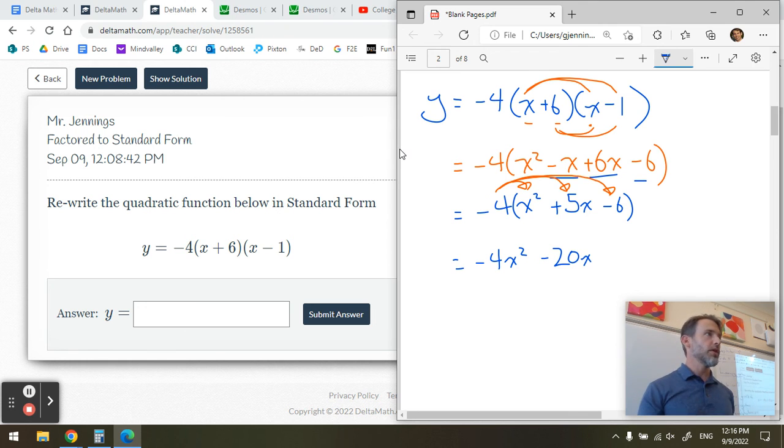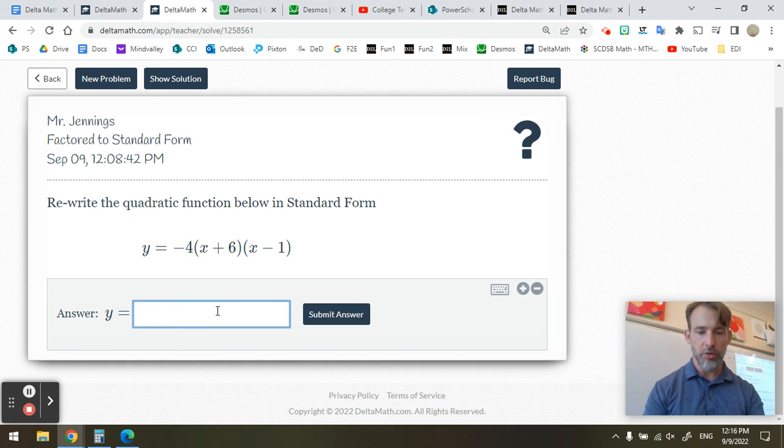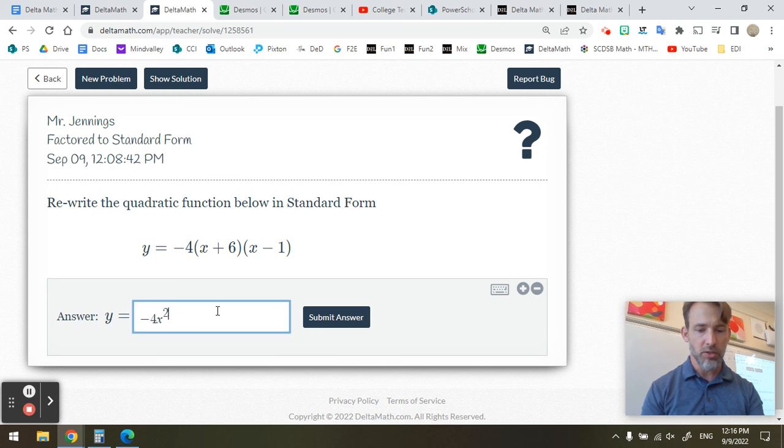We thought that it was going to be a negative slope as it crossed the y-axis based on what Desmos was showing us. And negative 20 is just that. It's a very steep negative slope right there. Plus 24. Negative 4 times negative 6 is positive 24. And so that will be the answer that gets us all the donuts here. -4x squared minus 20x plus 24.